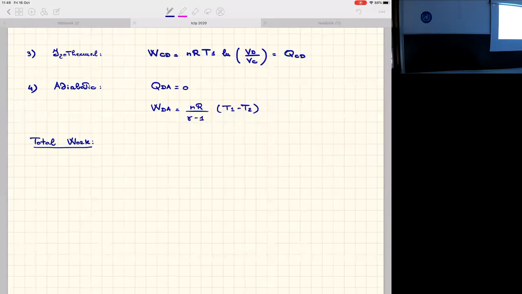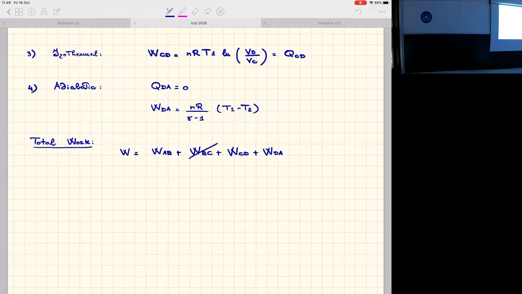Well, let's finish this. So the work is WAB plus WBC plus WCD plus WDA. Now, as you mentioned correctly, the two adiabatic parts cancel each other, right?